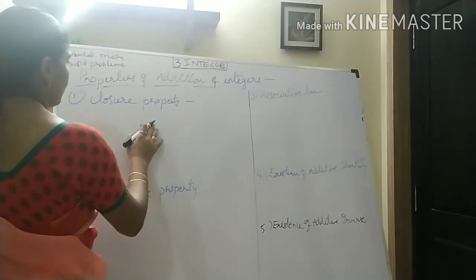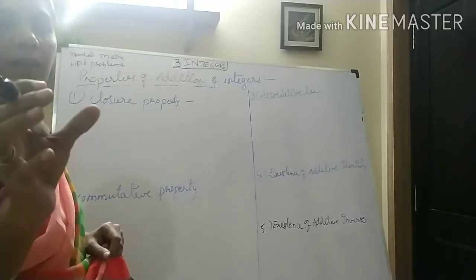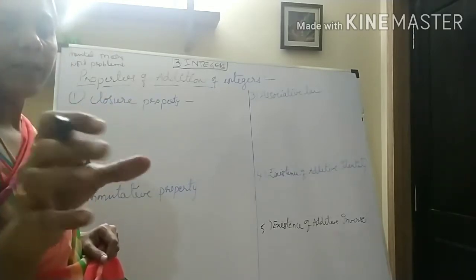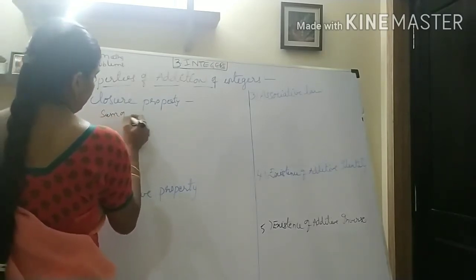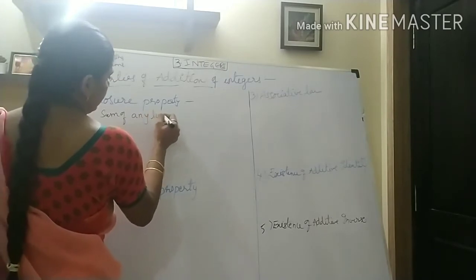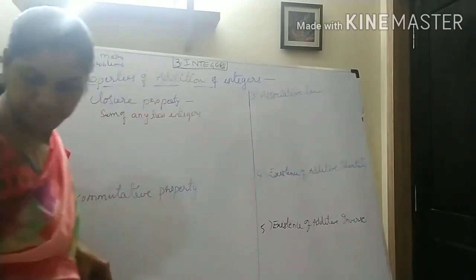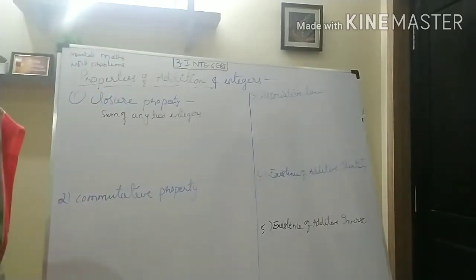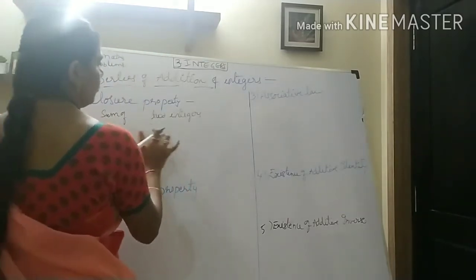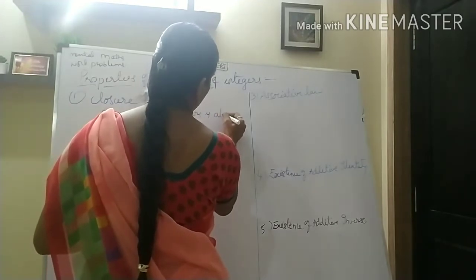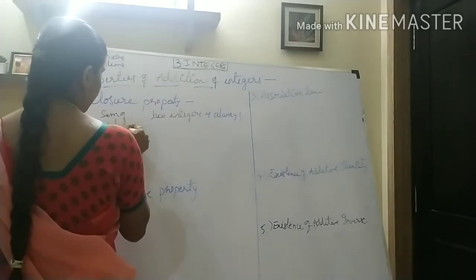See, closure property. If you take any two integers, the sum of those two integers will become an integer. The sum of two integers is always an integer.